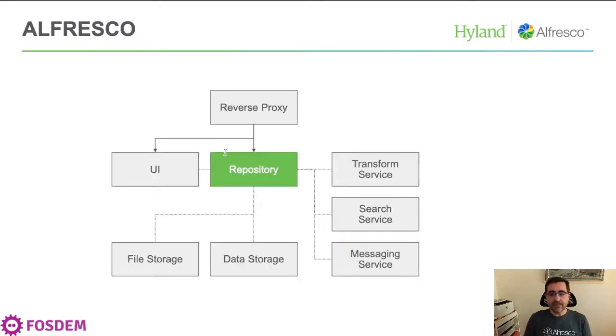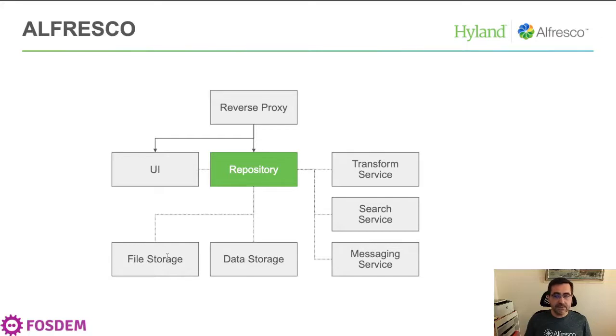When looking at the Alfresco platform, some different components or services can be found. The repository that includes all the core service of the platform is connected to some other services like the transfer service to provide document format transformations, the search service supporting the indexing and searching processes, and the messaging service that handles asynchronous messages in the platform.